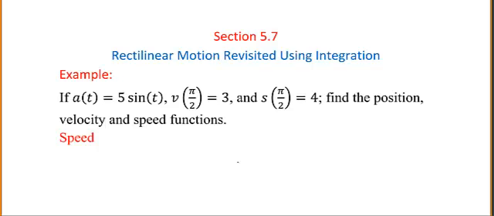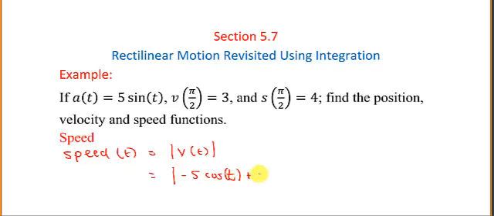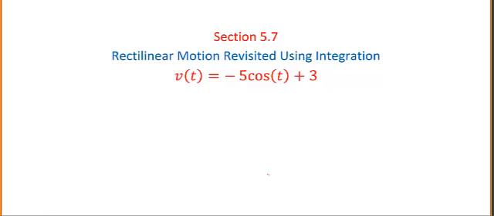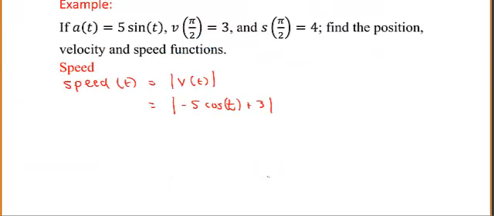Our speed is the absolute value of velocity, so that's going to be the absolute value of negative 5 cosine of t plus 3. And that's it. This is our speed function.